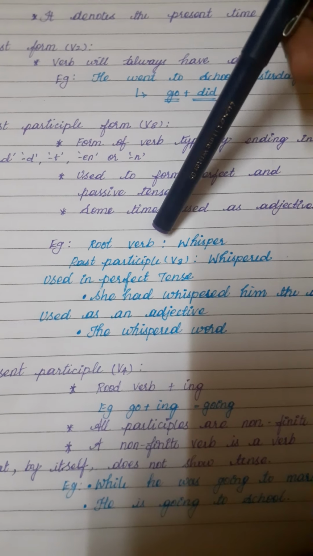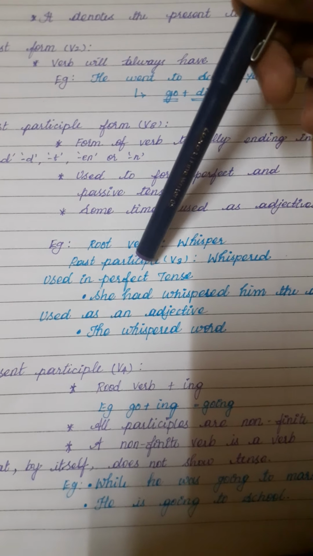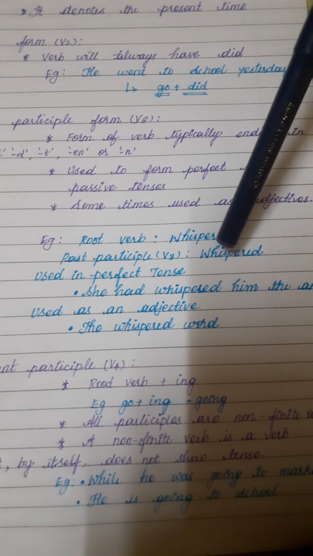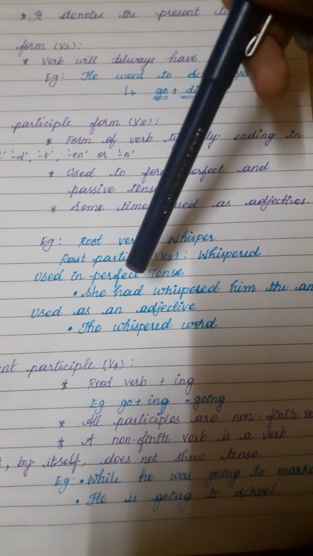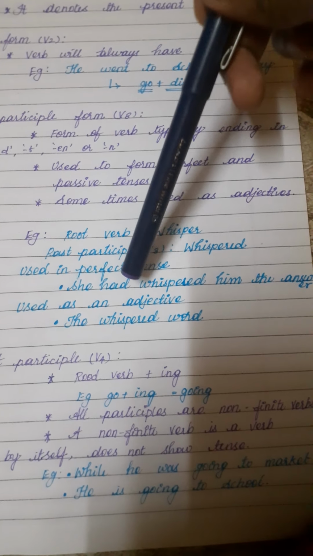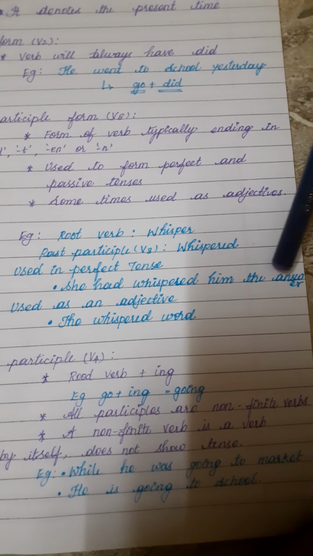The root verb is whisper. The past participle form, that is the V3 form of the verb, is whispered. Used in perfect tense, it is used as: She had whispered him the answer.